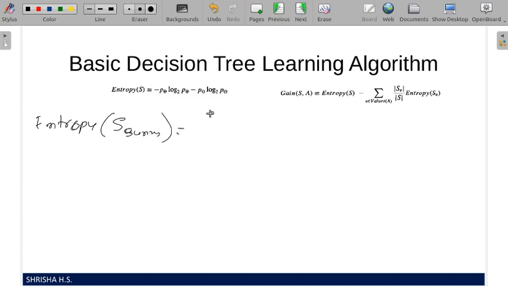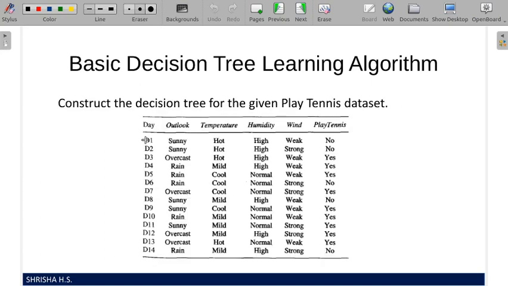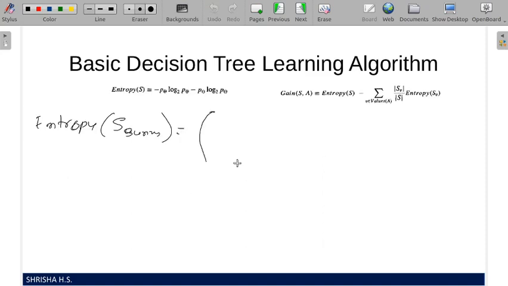How many sunny instances are there? 1, 2, 3, 4 and 5. 5 sunny instances are there. In that, 2 are positive examples and 3 are negative.